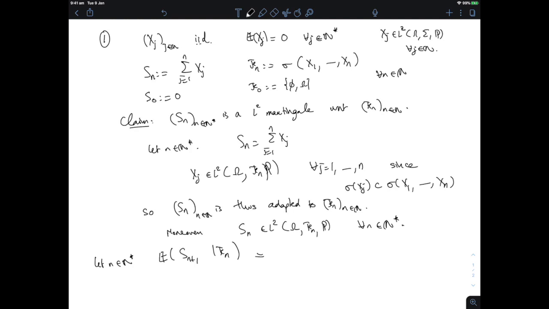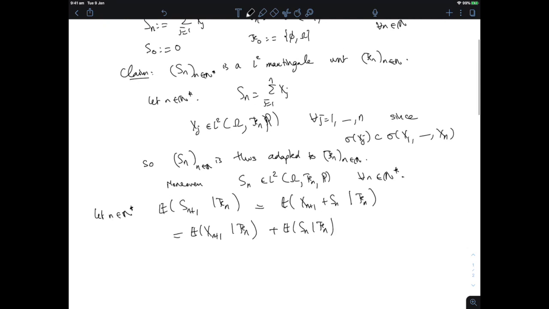Well, this is the expectation of xn plus 1 plus Sn by definition of Sn plus 1. Now you use the linearity of conditional expectation and you get that this is the expectation of xn plus 1 given Fn plus the expectation of Sn given Fn.